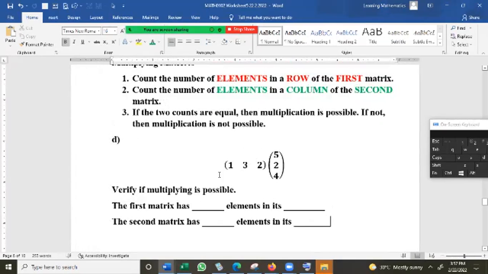The first step, you have to count the number of elements in the row of the first. So the first matrix has 3 elements in its what?